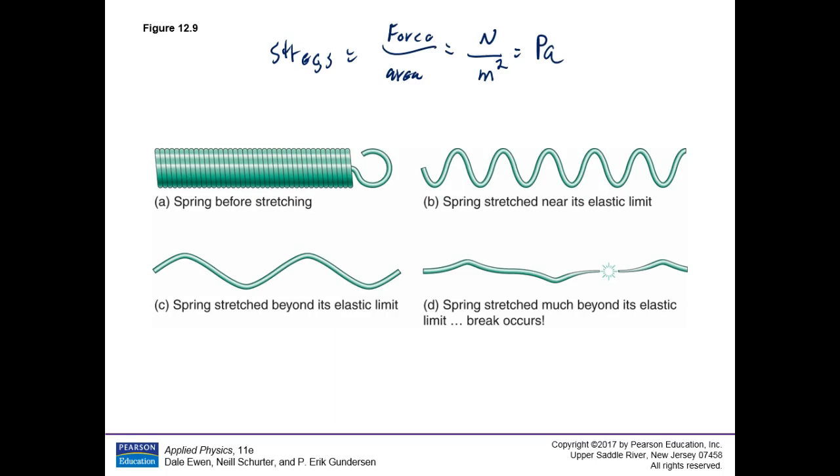That's a Pascal, a Newton per meter squared. And it's an incredibly, incredibly tiny unit. Now, you also measure other things in terms of Pascal. One is, have you ever needed to measure your tire pressure?